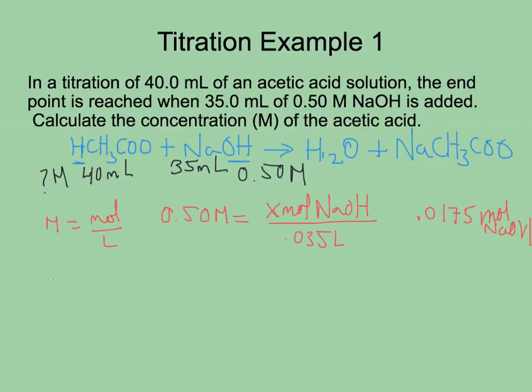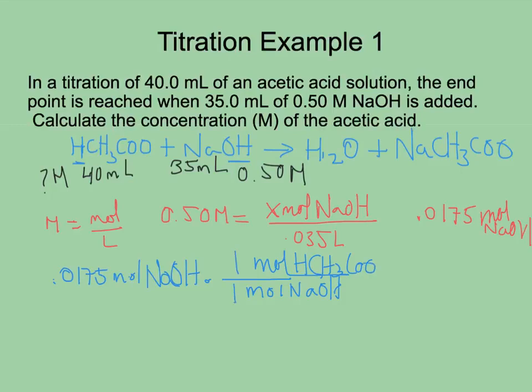So we have 0.0175 moles of NaOH. To get moles of acetic acid, you put moles of NaOH on the bottom, and moles of acetic acid on top.